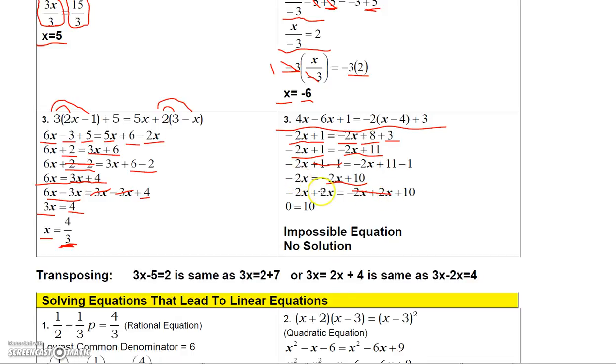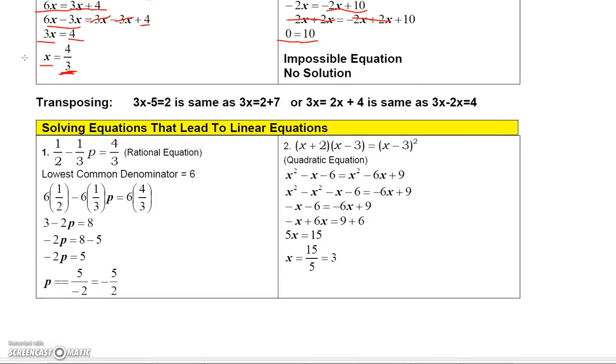And if I add 2x to this side, wow, it cancels there too. So actually what I end up with is 0 equals 10, and that's an impossible equation. So it is possible that you could have an equation that has no solution. That's what's going to happen if you get an equation that has no solution.